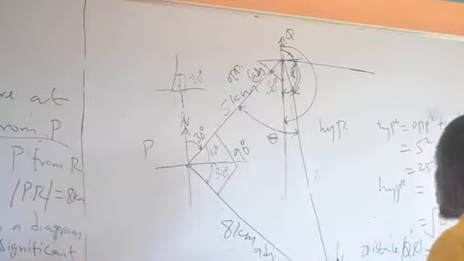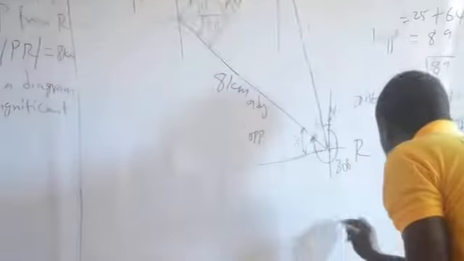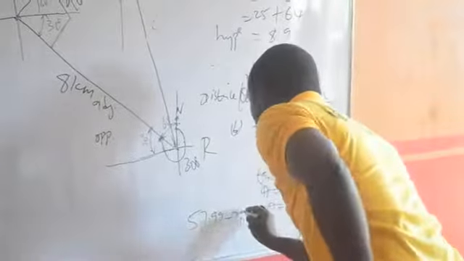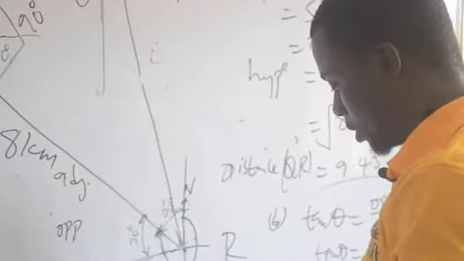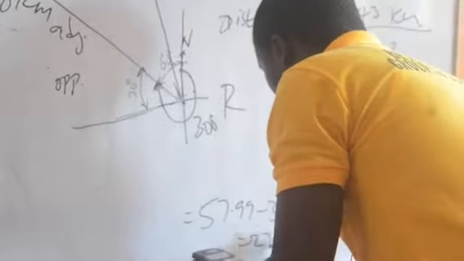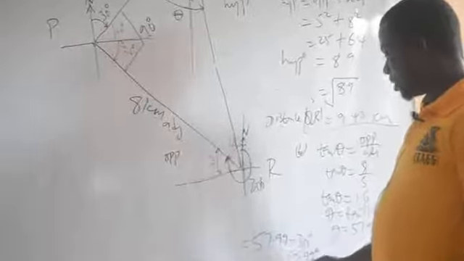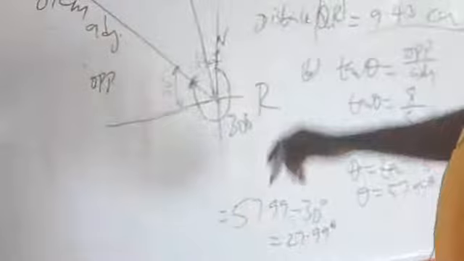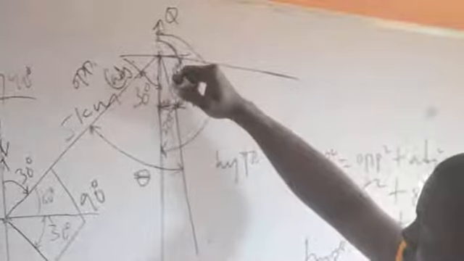So let's subtract: 57.99 minus 30 degrees gives us 27.99 degrees. That is, this place is 27.99 degrees. If this place is 30, here is 27.99, because theta gives us 57.99, so we subtract 30 from it.